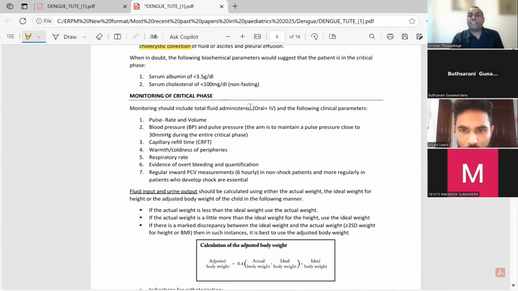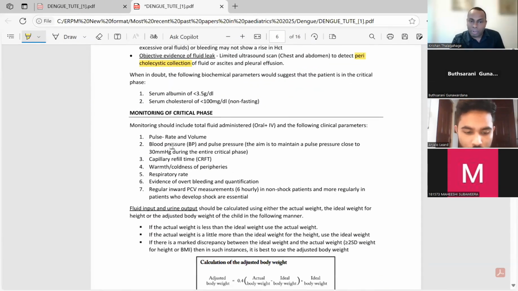Monitoring in the critical phase: pulse rate, volume, blood pressure, pulse pressure, capillary refilling time, and PCV 6 hourly. To remember for MCQs: febrile phase, PCV twice a day, that is 12 hourly. Critical phase, 6 hourly.